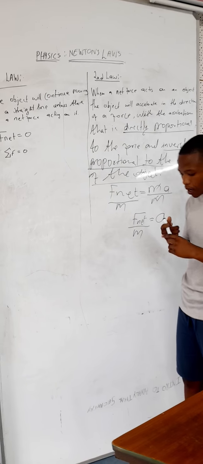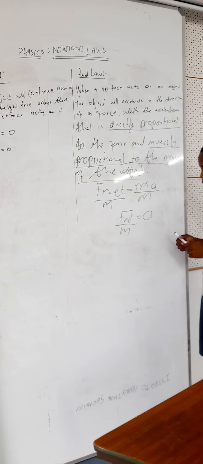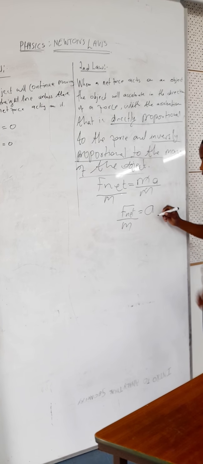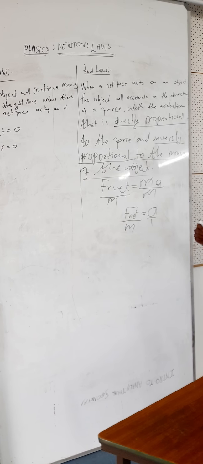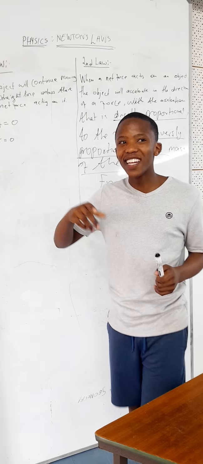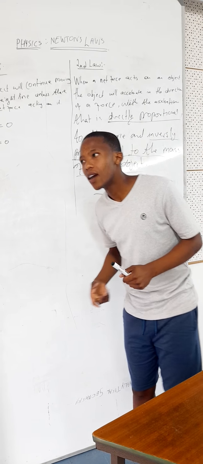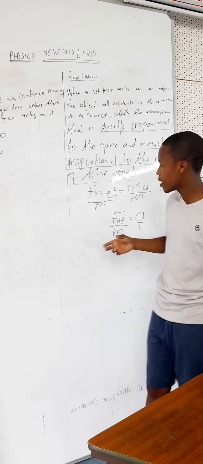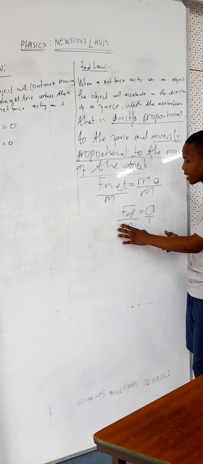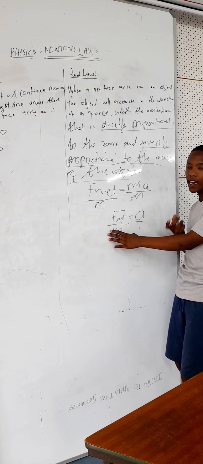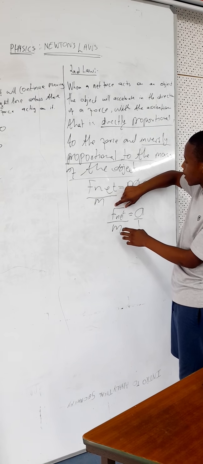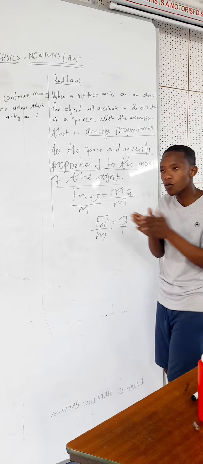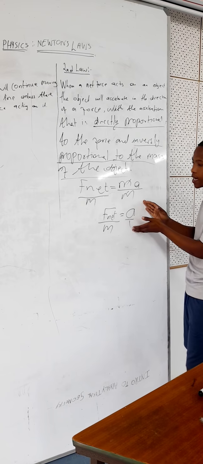So the relationship tells you what happens to the number when you increase the denominator. Whenever you have a bigger denominator, you are going to have a smaller answer.